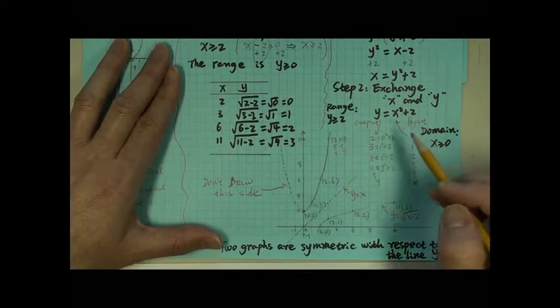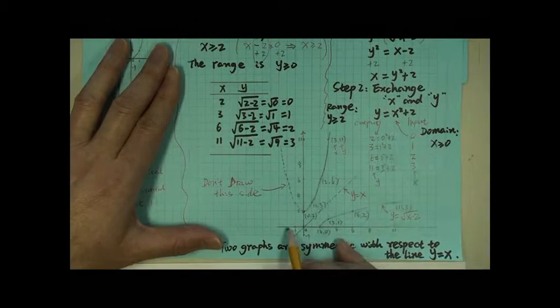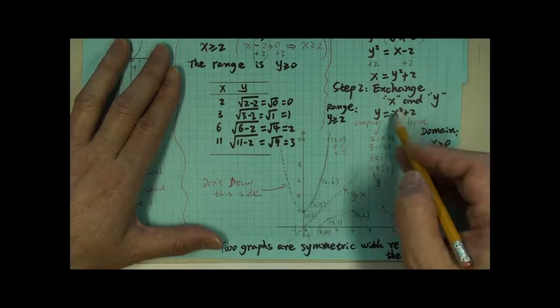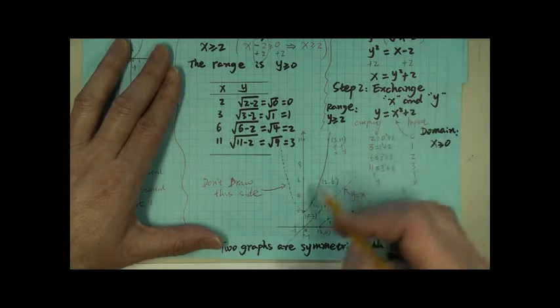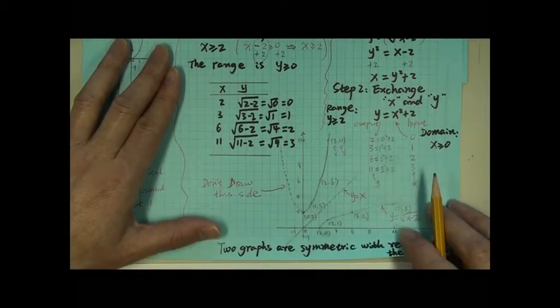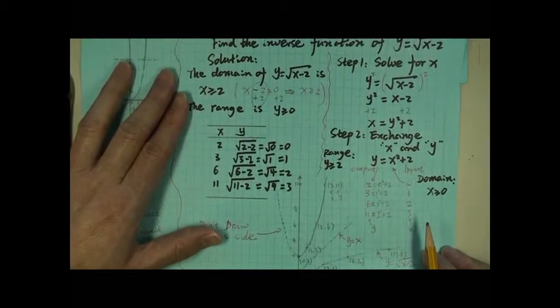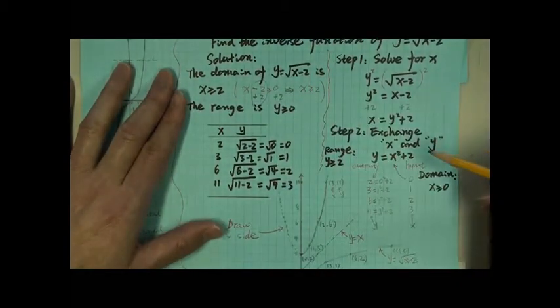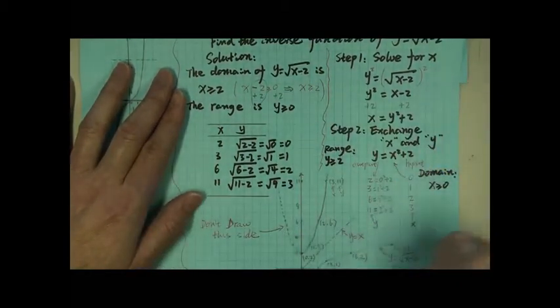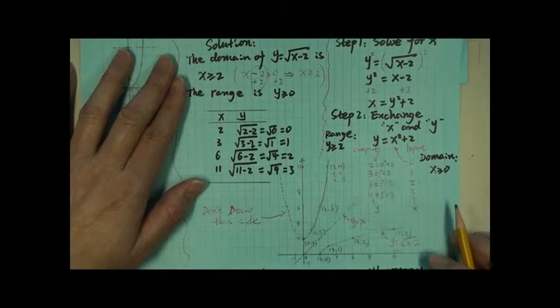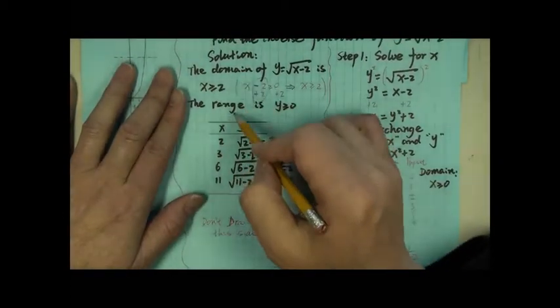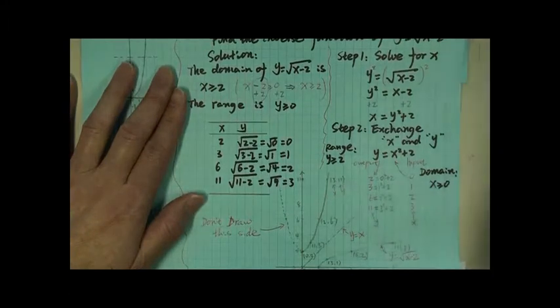Okay? But you know, if you consider the negative side, then this function will not be the inverse of this one. So in order to be the inverse, remember, the domain and the range must be exactly opposite.